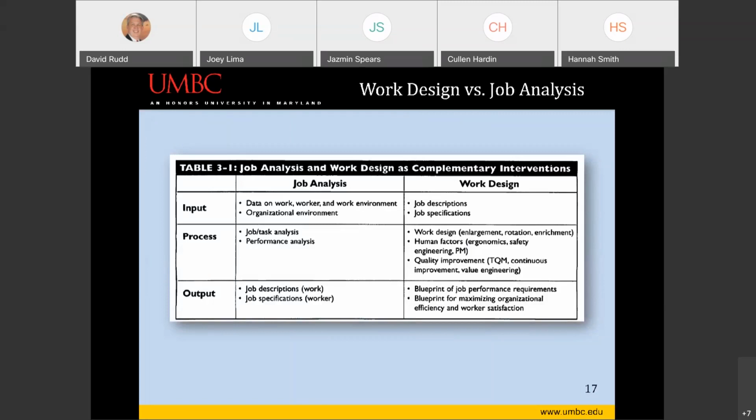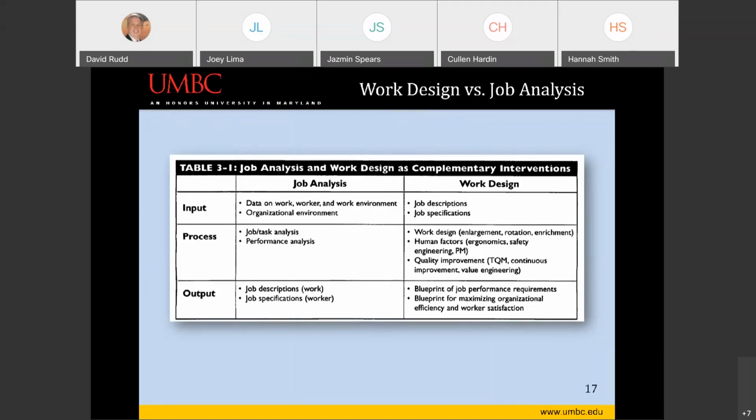The input for job analysis is data on the work, the worker, and work environment, and also the organization environment. But if you look at work design, the input is the job descriptions and job specifications, which is really the output of the job analysis. So you can see how they work together, even though they're different.